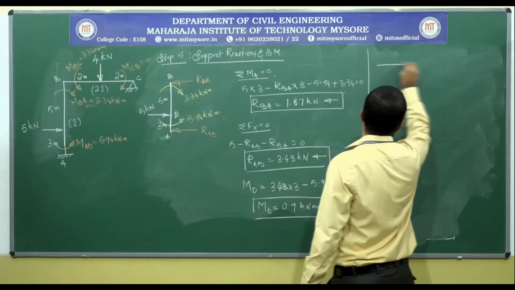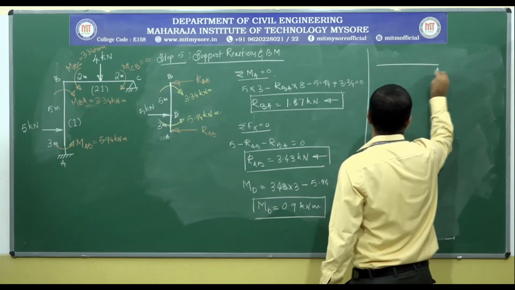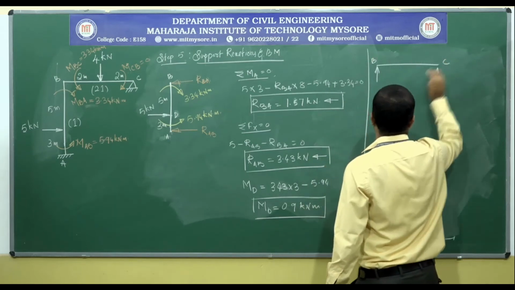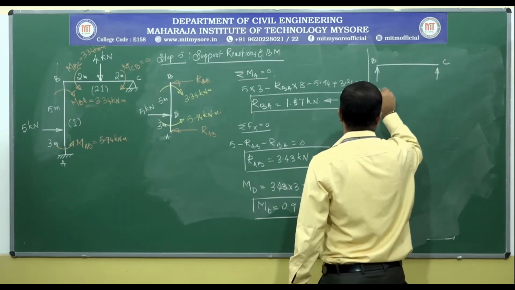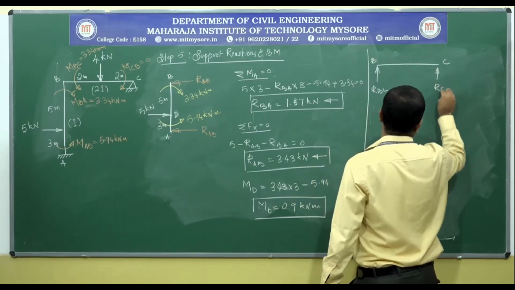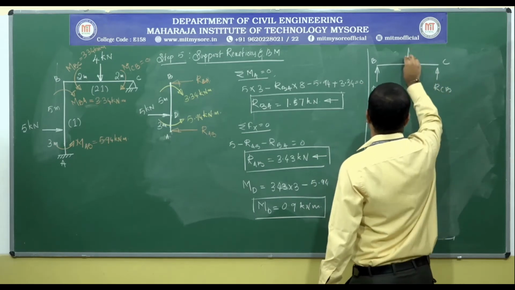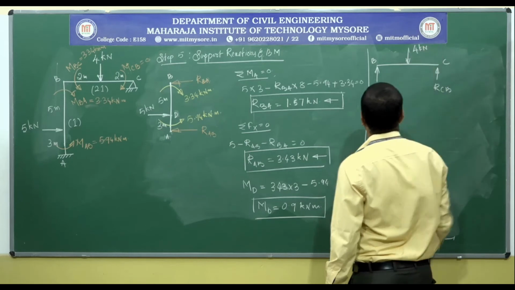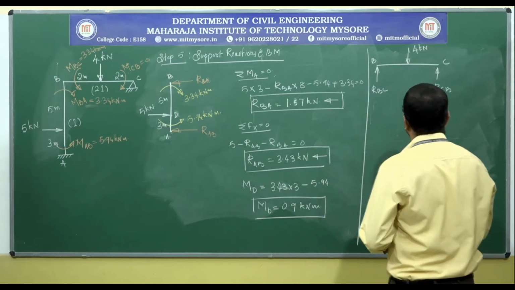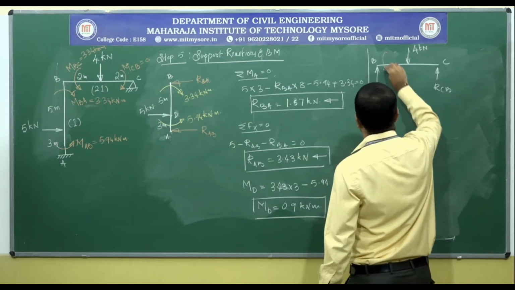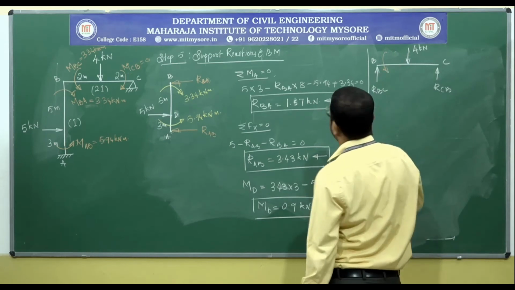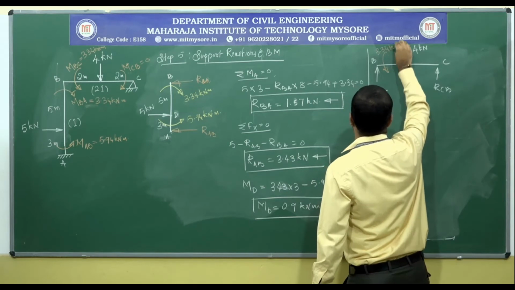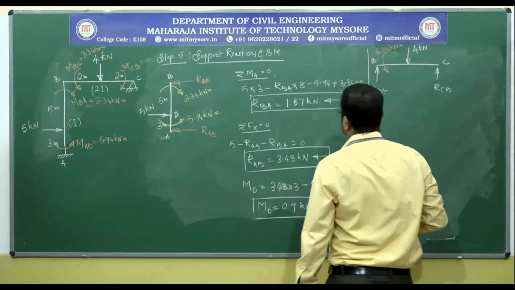Similarly, I have to repeat this for the span BC. The free body diagram of span BC is something like this. Okay, let us say this is point B, this is point C, this is RBC, this is RCB, which carries a central concentrated load of 4 kilonewton. Apart from this, we have an anticlockwise moment 3.34 kilonewton meter.